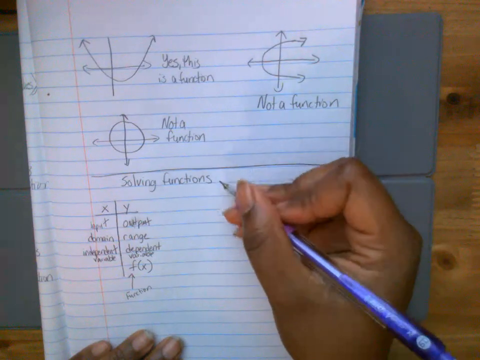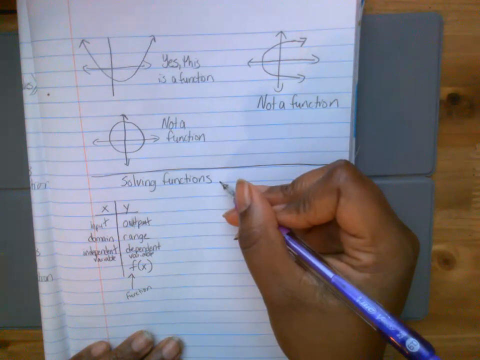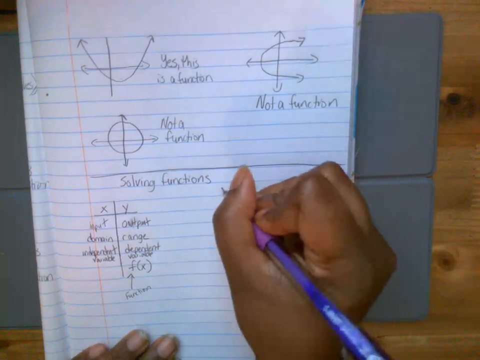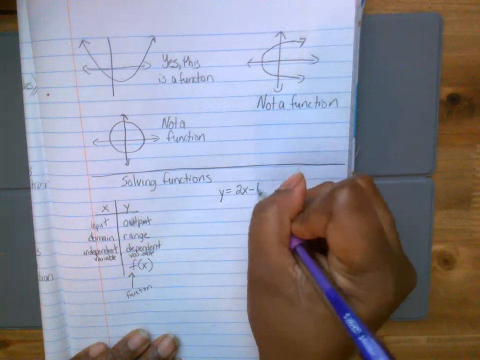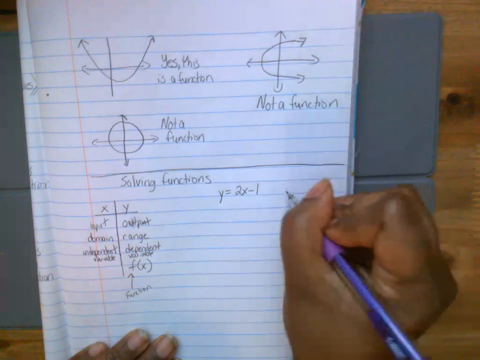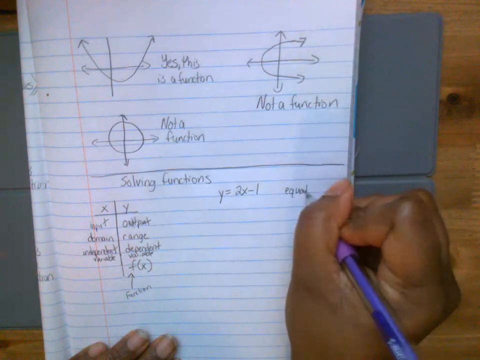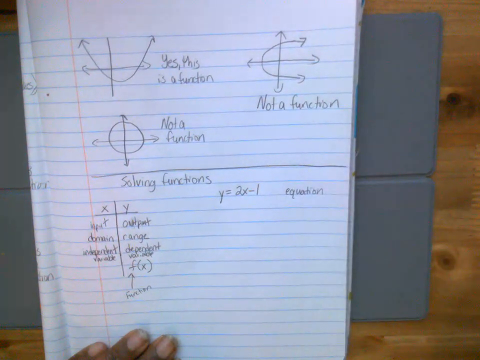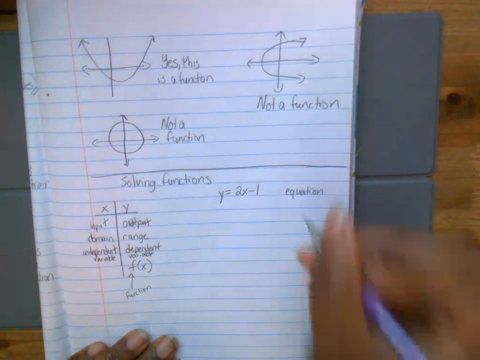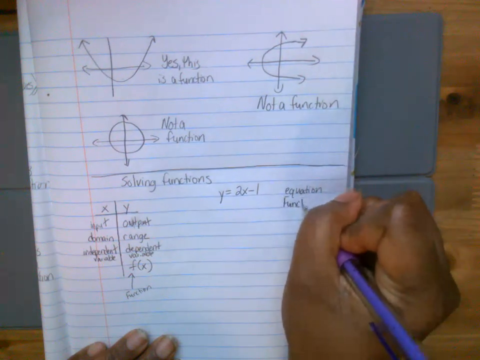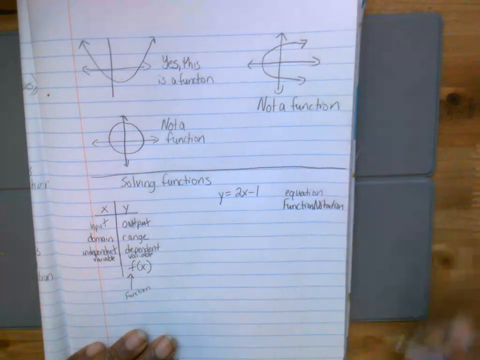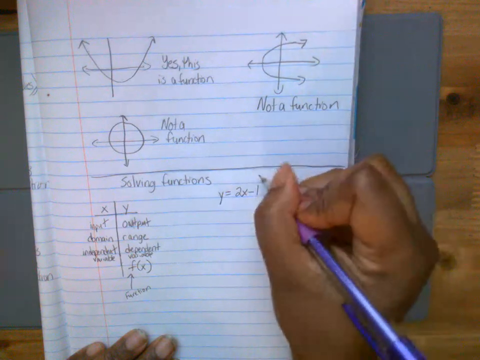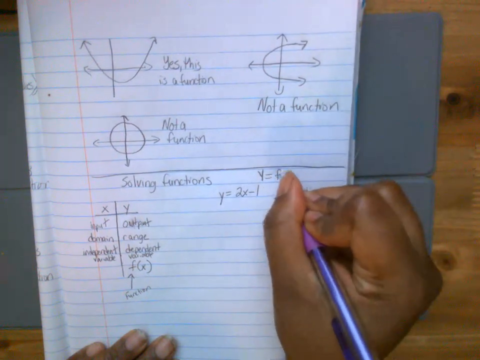So to solve for functions, you may have an equation, y is equal to 2x minus 1. This is your equation. To write your equation in function notation, you change your y to f of x.